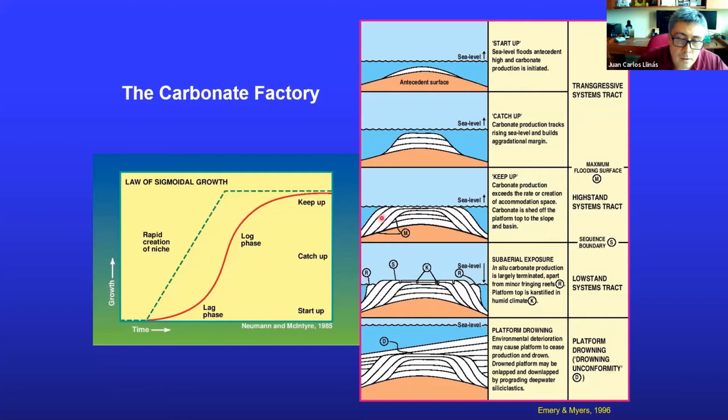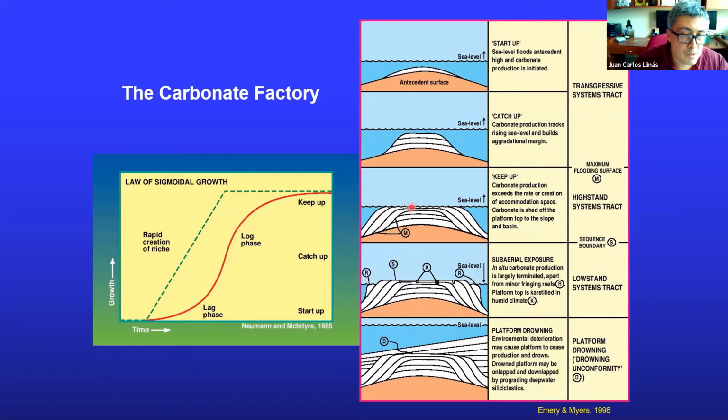And then, as the transgression comes to an end and you start entering into the highstand, and the sea level rise slows down and gets into a standstill point, then carbonate productivity also slows down, just keeping up with the small increase in sea level rise.